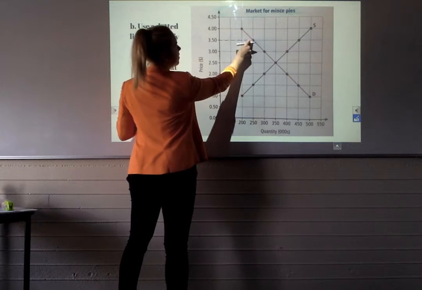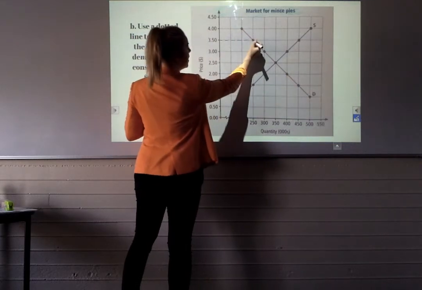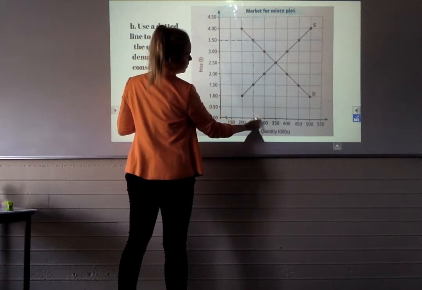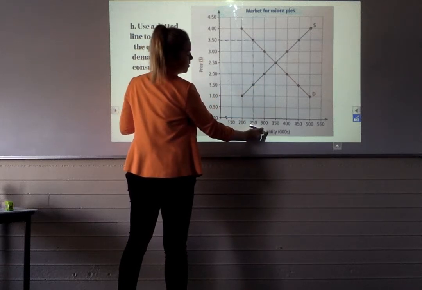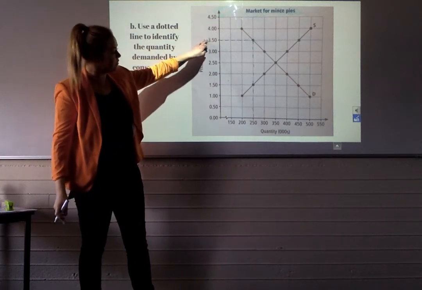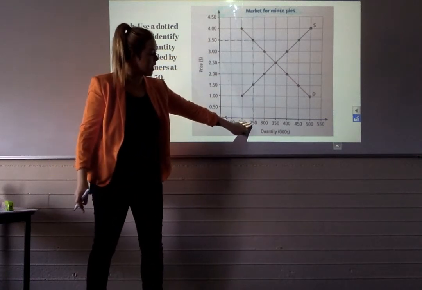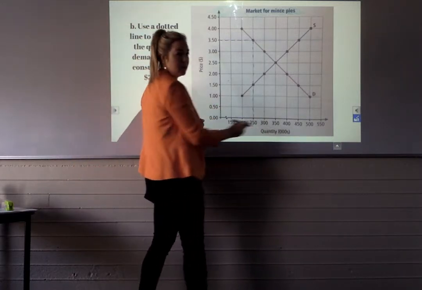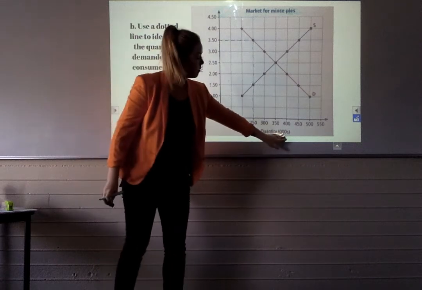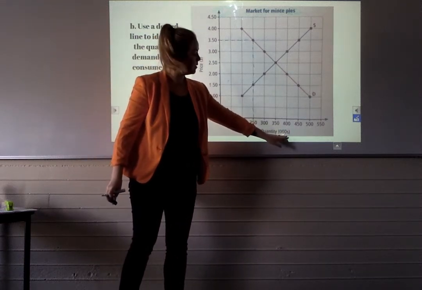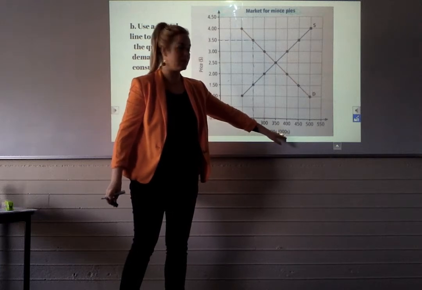Where it hits the demand curve, D stands for demand, we go down to our quantity. So this is now telling us that at $3.50, our quantity demanded would be equal to 250,000. Okay, so remember our axis is telling us what the metric is, so it's thousands.